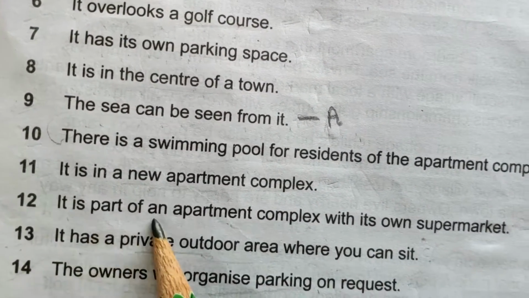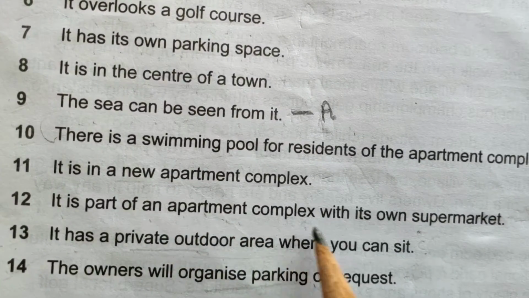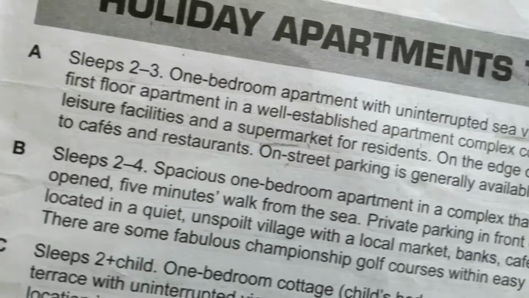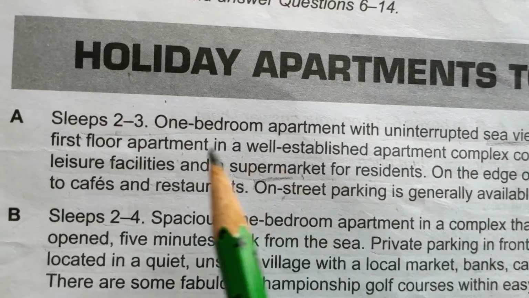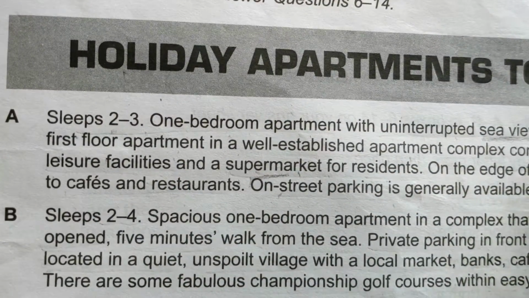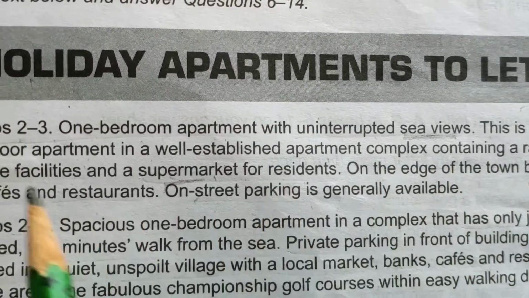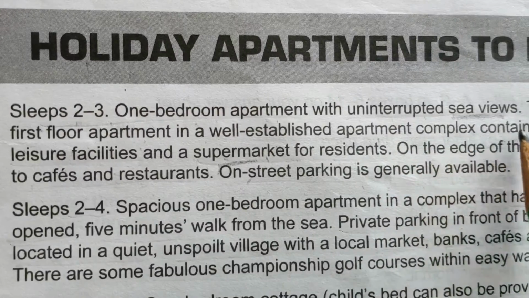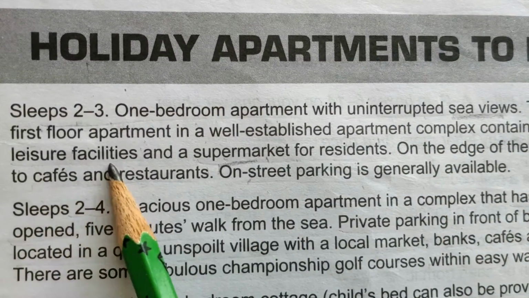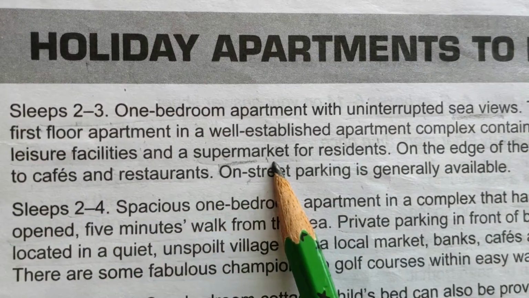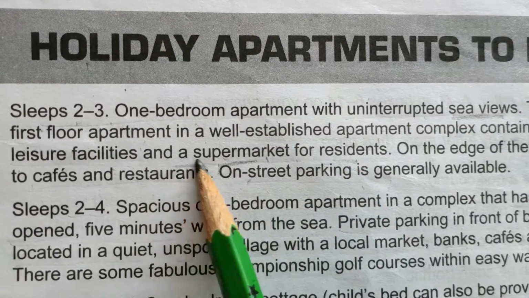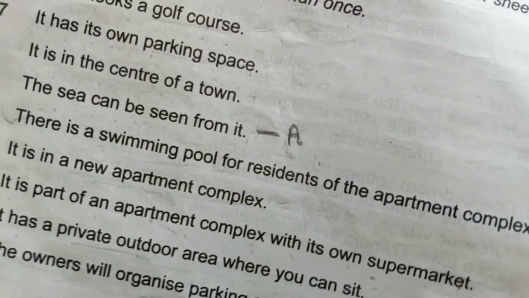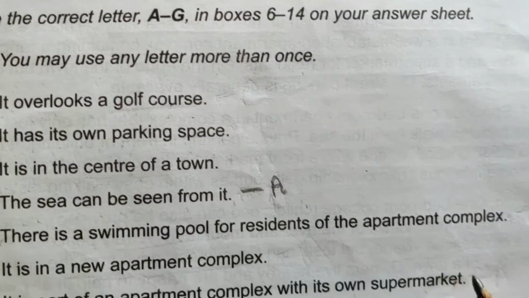Yes, it is part of an apartment complex with its own supermarket. Yes, here it is clearly given. This is a small first floor apartment in a well established apartment complex containing a range of leisure facilities and a supermarket for residents. Of course, A will come again here.